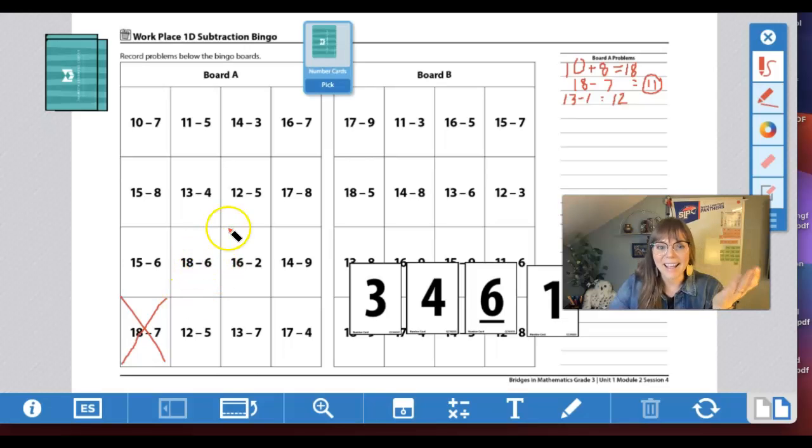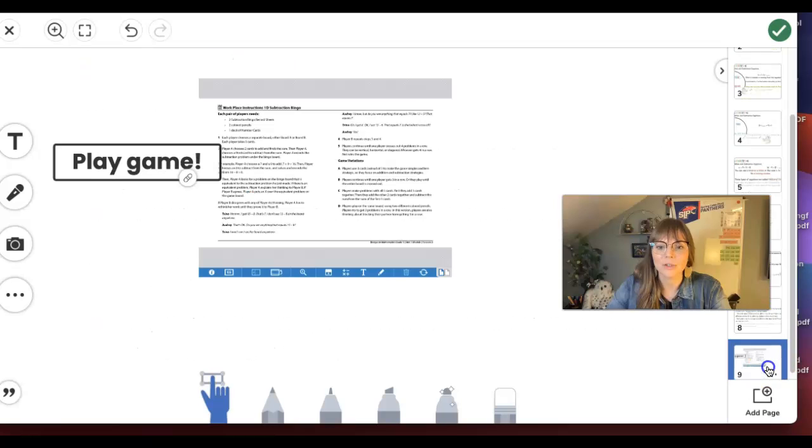Here's one, and it lines up to create a bingo with my first number. Awesome. Your job today is to play subtraction bingo until you get a bingo. Remember to record all of your work here and upload a picture of your game here. Have fun.